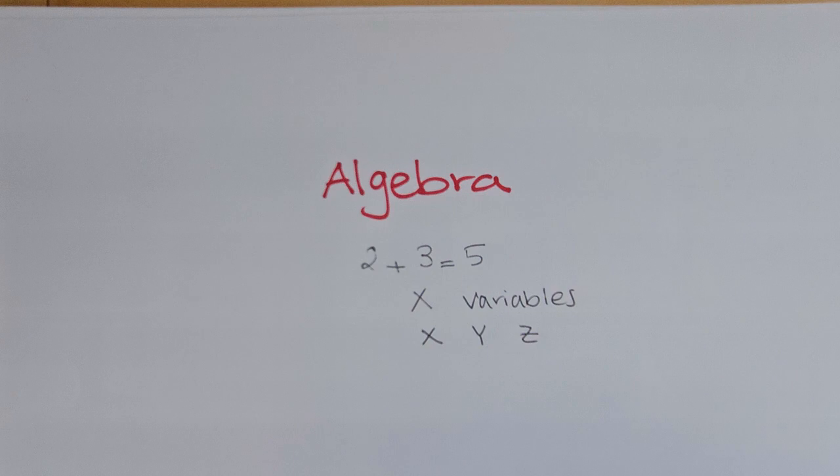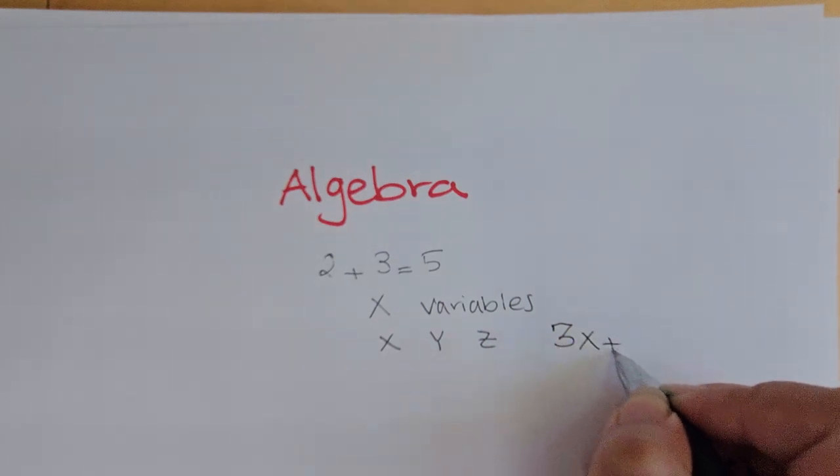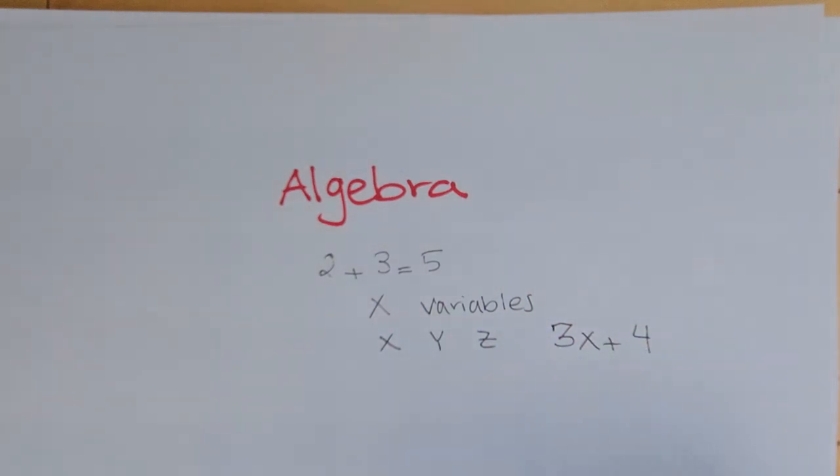They are called variables. Okay, there are a few other terms we have to learn before we can jump into doing arithmetic in algebra. Let's define some of these terms. So let's say 3x plus 4. The 4, which doesn't have any variable with it, is called a constant.